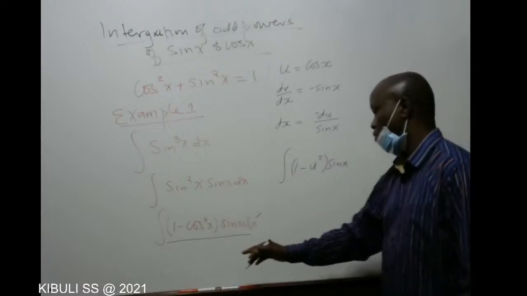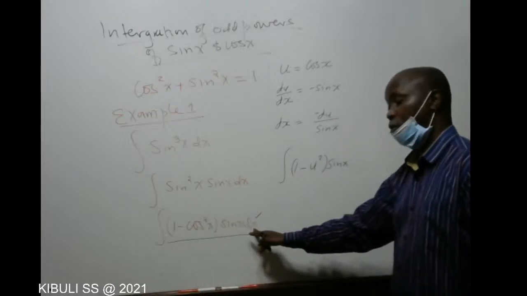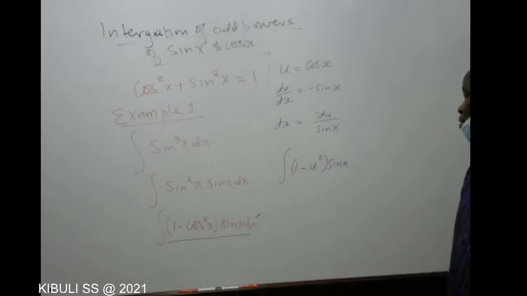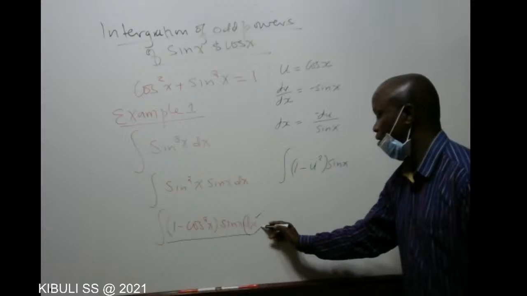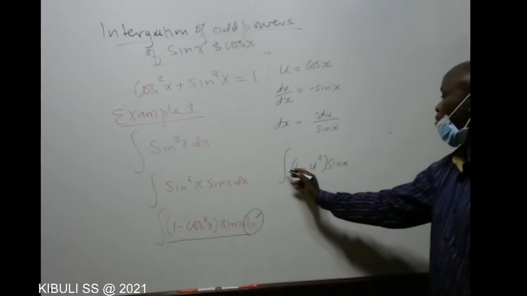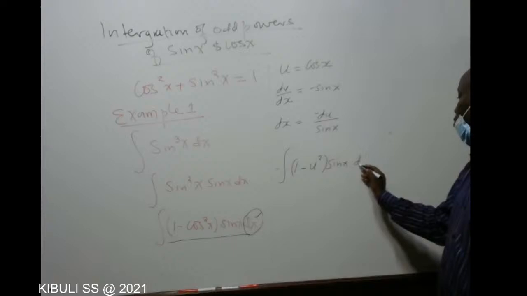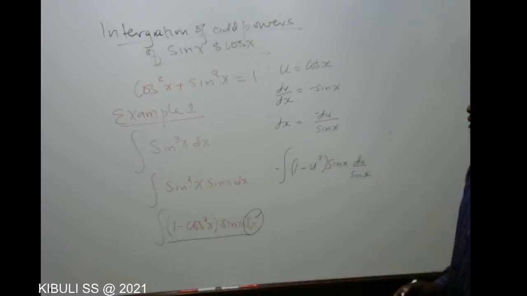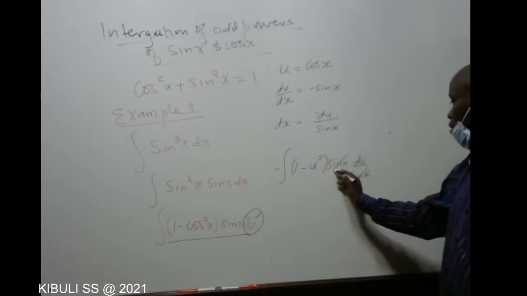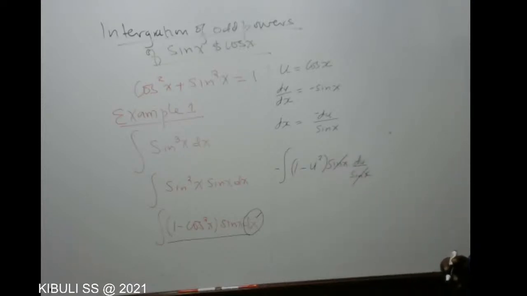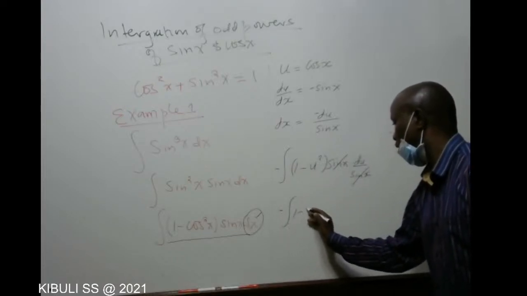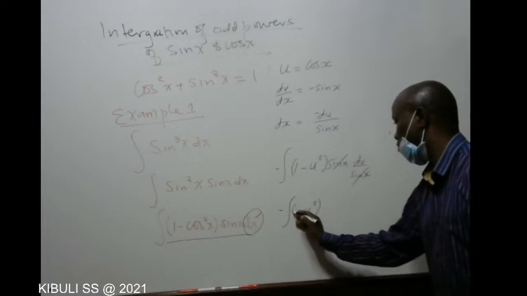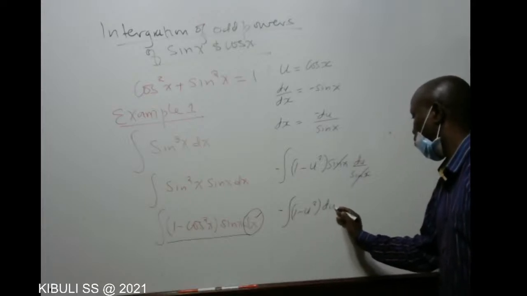Just substitute for the function and the dx. So 1 minus u squared, sin x, times dx. Mind the dx, which is equal to negative du divided by sin x. And class, this one is very possible now. That is going to cancel out. I'm going to remain with the negative integral of 1 minus u squared du.